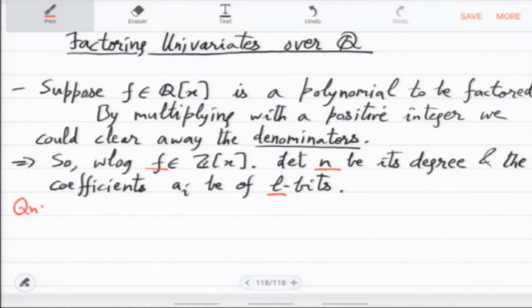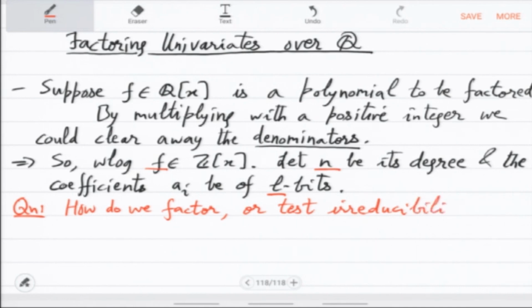So, our question is, how do we factor or test irreducibility of the integral polynomial f?